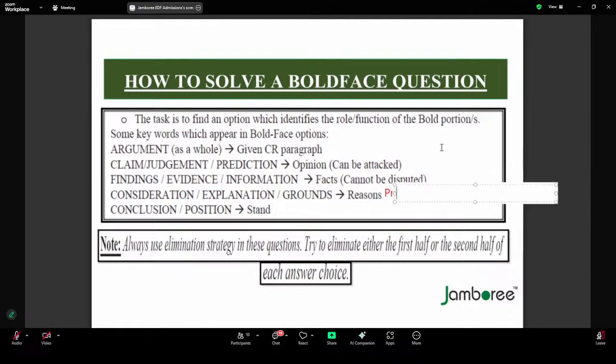I think I definitely shared earlier the CR resource on GMAT Club. And the conclusion or position, by the way, can also be called claim, prediction, judgment, position. They're in the same category, the opinion category. That means they can also be attacked. I think I had a page which had more information. Let me see if I still have it.